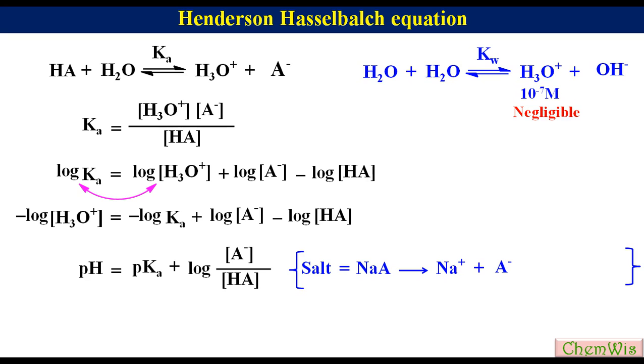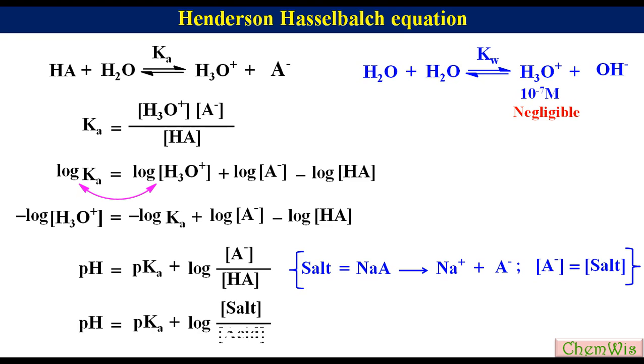So we can write concentration of conjugate base is equal to concentration of salt. So the Henderson-Hasselbalch equation will become pH is equal to pKa plus log concentration of salt upon concentration of acid.